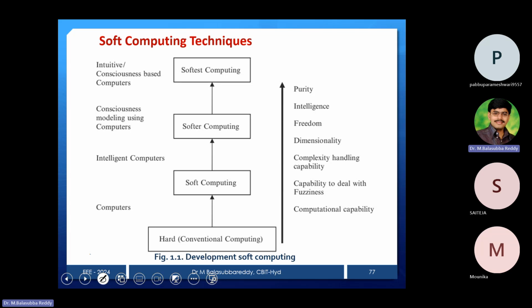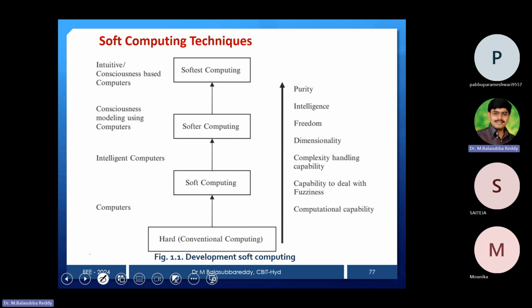All these we call conventional methods. After that, soft computation techniques evolved in different stages. We sometimes call it intelligent computers, then consciousness modeling using computers, or you can say purity, freedom, and dimensionality.